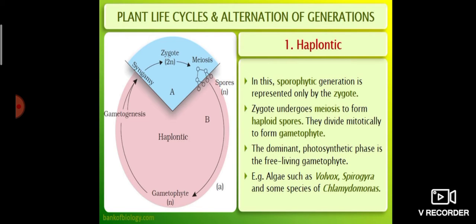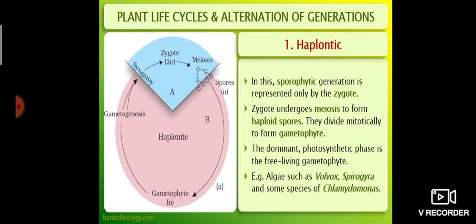So here the haploid gametophytic phase is dominant, whereas the diploid sporophytic phase is comparatively less dominant. So in the haplontic life cycle, the haploid stage is dominant, that is the gametophytic stage is dominant.